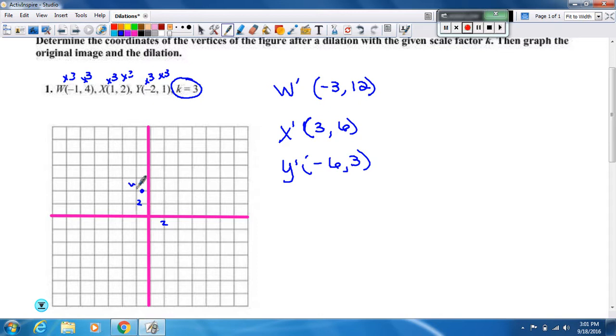That's W. And 1, 2 would be here. That's X. And to the left 2, up 1, but I'm counting by 2, so that would be right here. And that's Y. So let me go ahead and connect those to make my triangle.